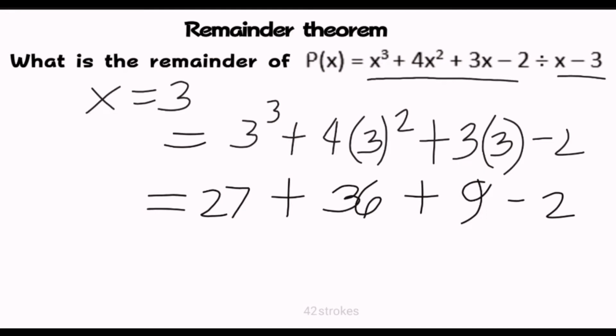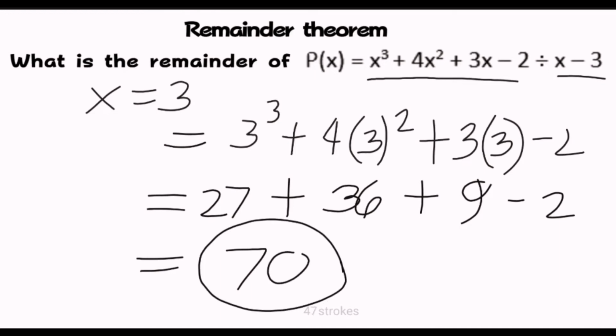Plus 9 is 72. Minus 2 is 70. So our remainder is 70, same answer when we do it by the use of synthetic division.